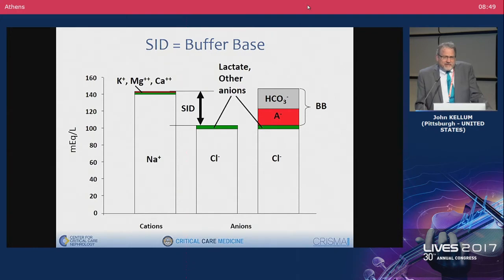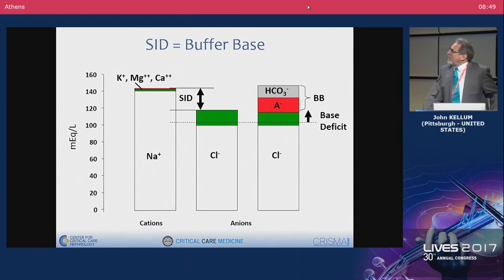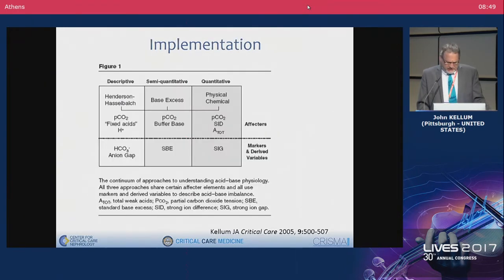And the change in buffer base, of course, whether it goes up or down, we call that a base deficit or a base excess. So strong ion difference is just buffer base. That's all it is. It's what Singer and Hastings referred to as buffer base in the 1950s, and were the basis for the development of base excess.